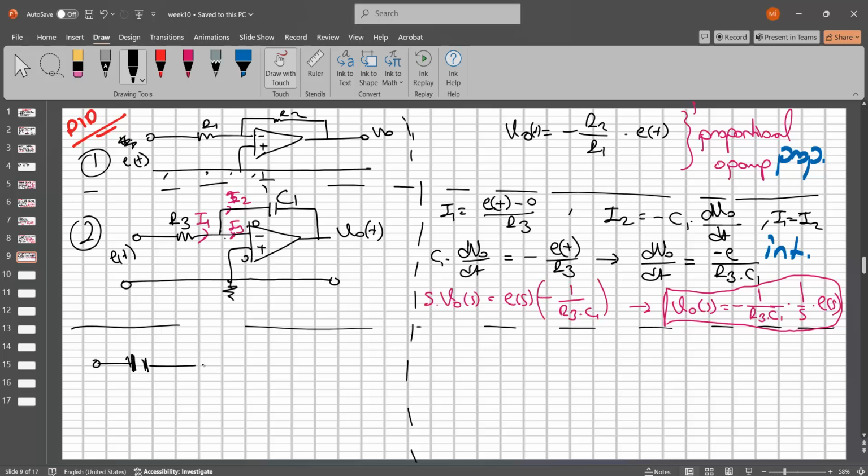Capacitance can be built in this case, and so we have one resistance in here. This is the C2, this is the V0, Vi, or in this case the error signal, okay, ET.